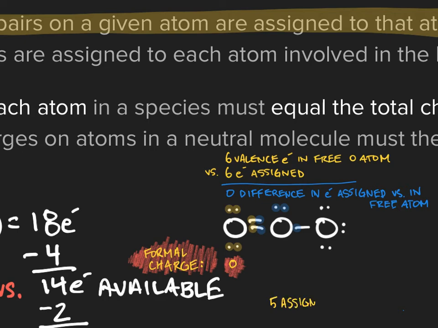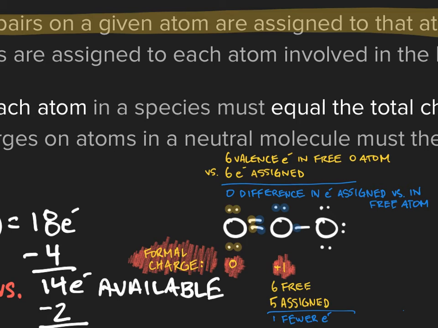So if this oxygen atom has 5 electrons assigned to it, but as a neutral free atom, it would have 6, that means we have 1 fewer negatively charged electron on that oxygen atom in the molecule than it would have as a free atom, which means that the formal charge on that central oxygen atom would be +1. It has 1 less negatively charged electron than it would in a free state.